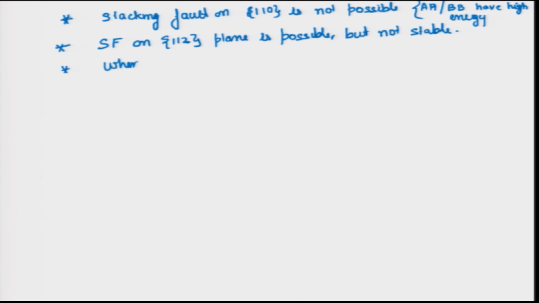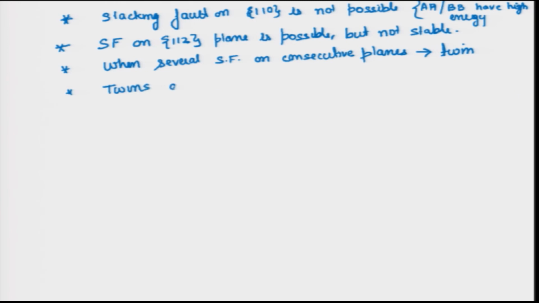However, when you have several stacking faults on consecutive 112 planes, what you get is a twin, and these twins are stable.